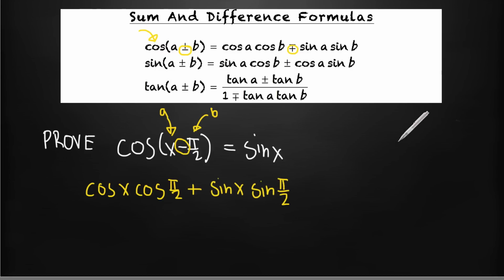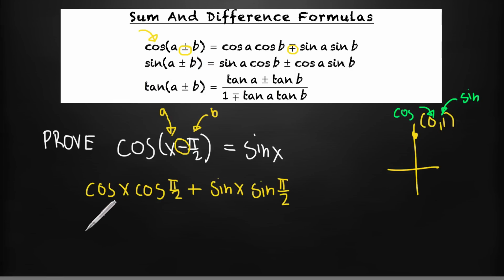Well, pi over 2 is 90 degrees, and the coordinates for 90 are 0, 1. And 0 is your cosine, and 1 is your sine value. Remember, cosine is x and sine is y.